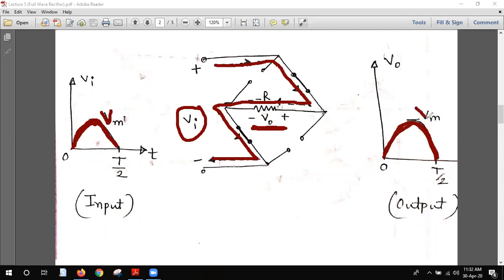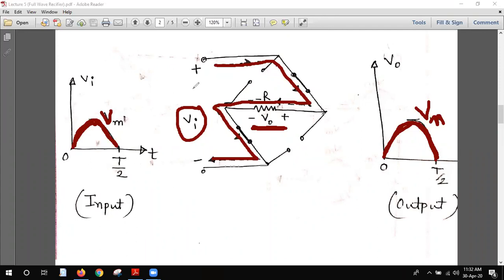So the whole voltage will be Vm at the output. Okay, so I hope you understand the positive conduction. When it is the positive cycle, it works like this, and the whole voltage drop will be applied in the resistance. Okay, so hope you understand.